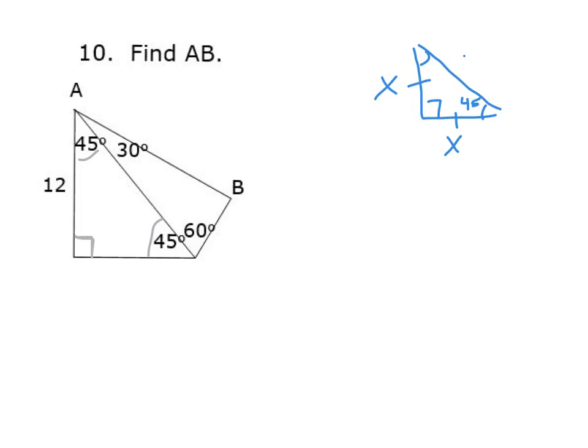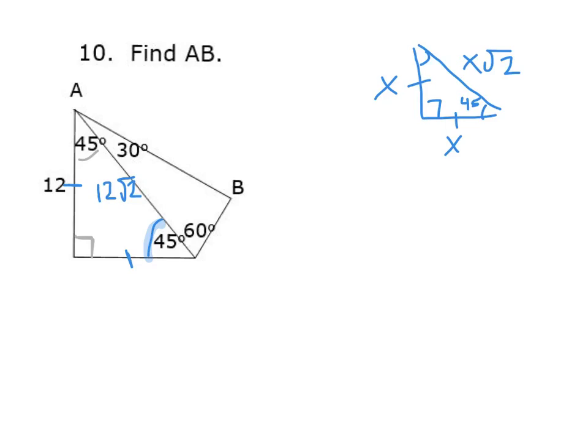The hypotenuse is represented by x square root of 2. So when we look at our picture, we can see we have a leg because it's across from the 45. So this 12 is the same here, which means our hypotenuse is represented by 12 square root of 2.